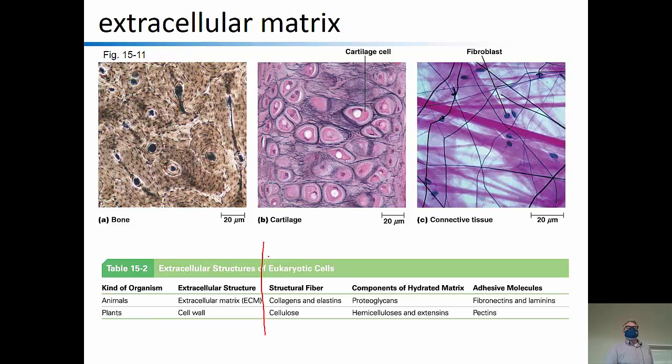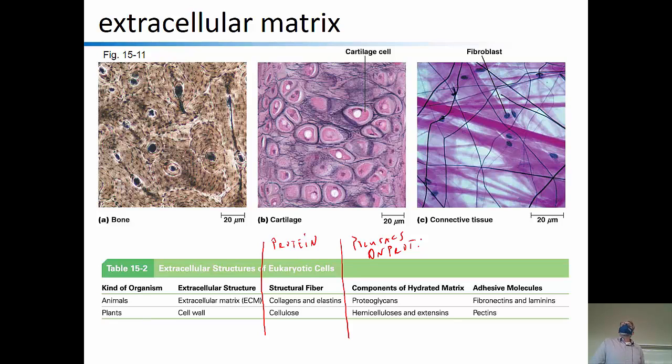So for animals, this is a protein component, usually collagens or elastins. There's then what they're calling here components of a hydrated matrix. These are polysaccharides attached to protein. So polysaccharides on proteins. And these form what are called proteoglycans.